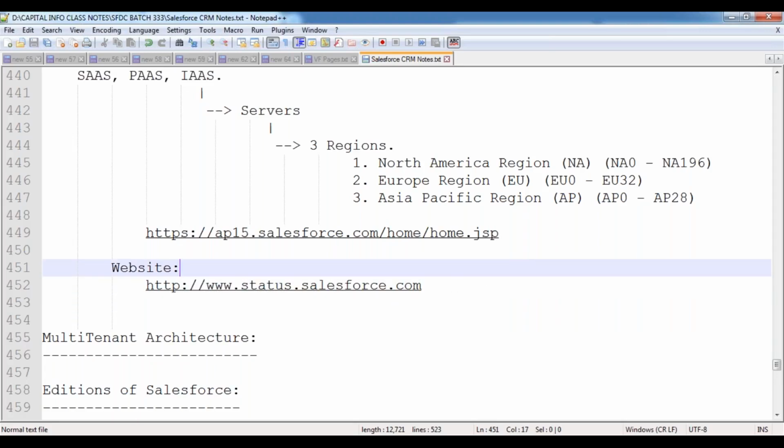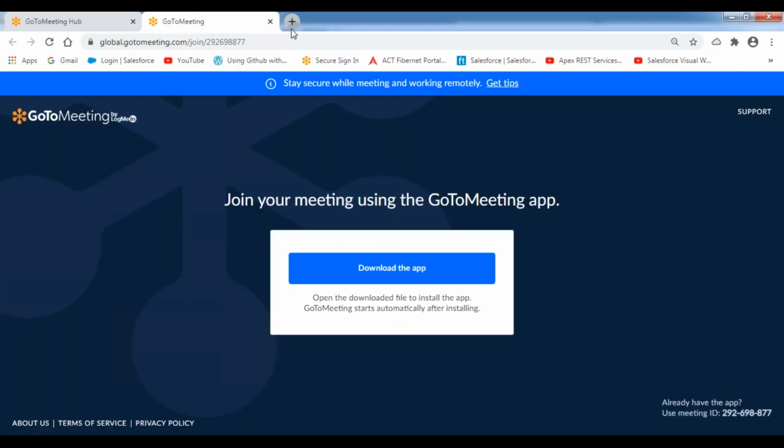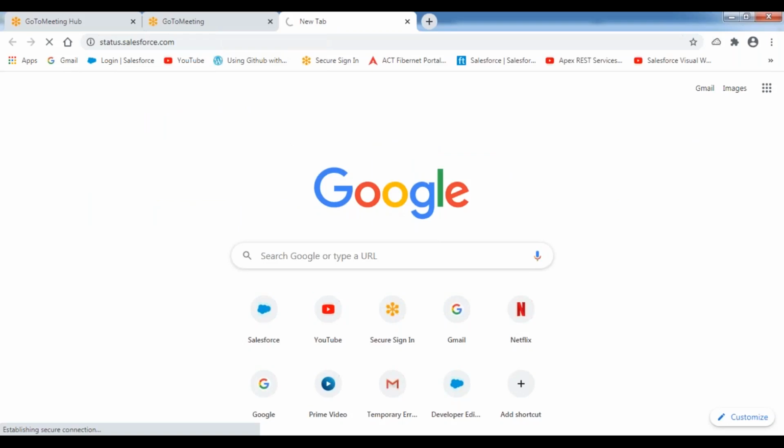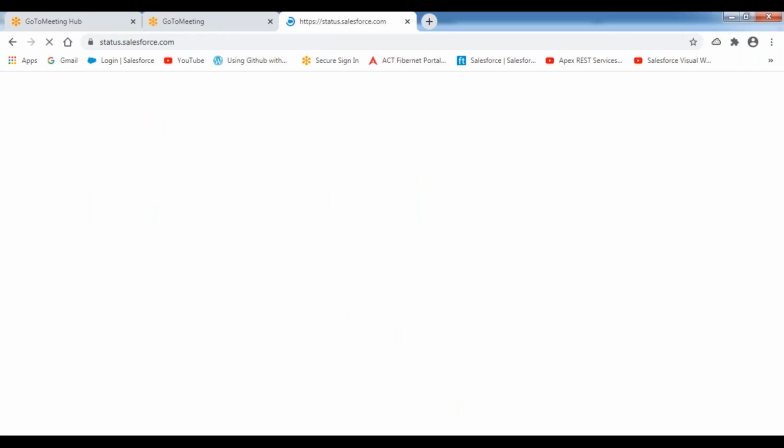So let's go to that browser. Go to the website status.salesforce.com. By using this website, we can verify the status of the server, and what the various servers available in each and every region are.